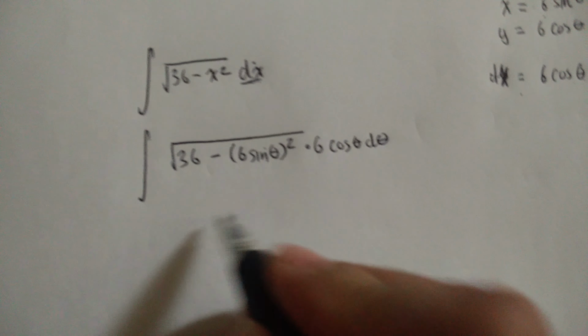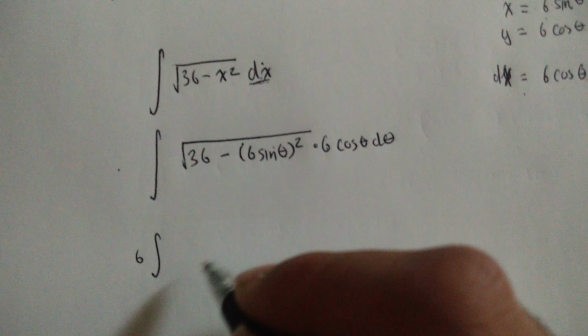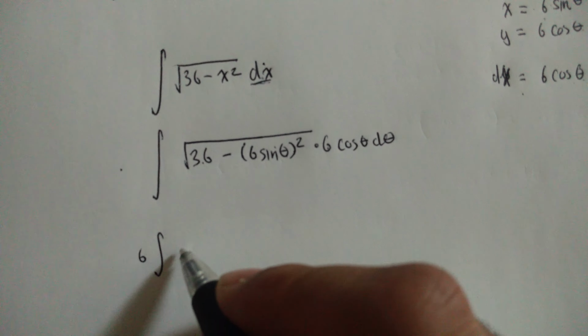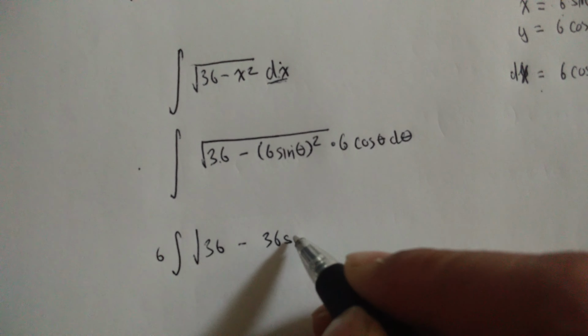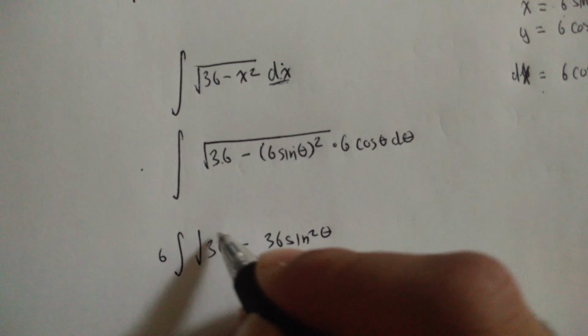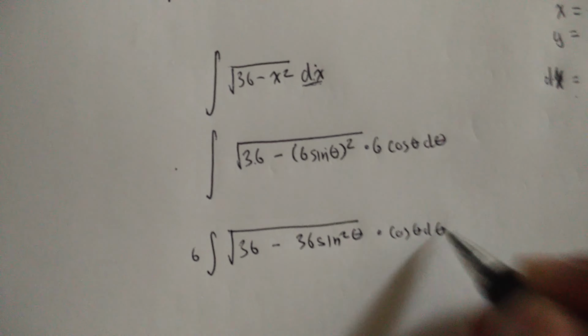Now let's simplify it. We can move the 6 outside. So we get 6 integral of, the inside simplifies, and you get 36 minus 36 sine squared theta multiplied by cosine theta d theta.